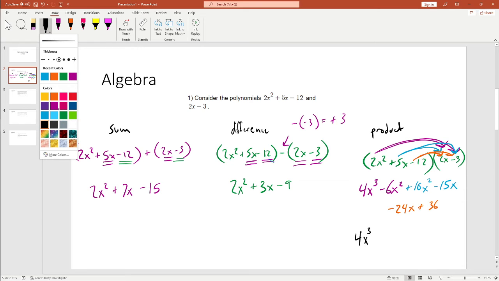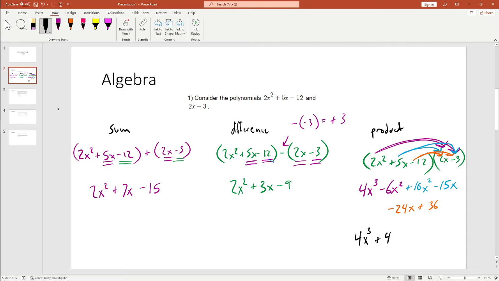Minus 6x squared plus 10x squared ends up being plus 4x squared. And then I can combine minus 15x and minus 24x to get minus 39x, and 36 cannot be combined with anything. So these are my 3 different terms here.